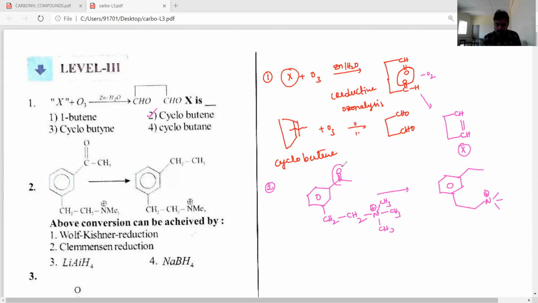So the C=O group is reduced into a CH2 group without affecting this amine group.